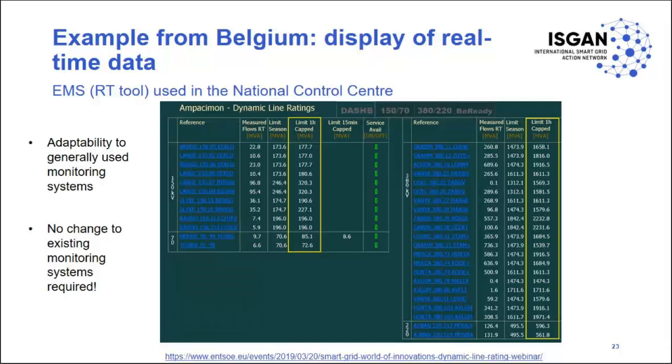Yes, this is a screen capture of Elia's National Control Center energy management tool. So we can see on this screenshot, firstly, very kindly, they put our name at the top left of the screen.